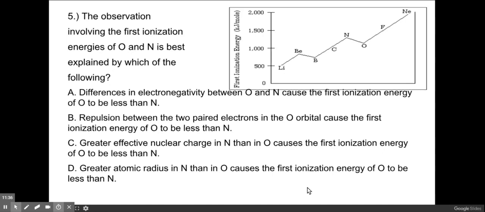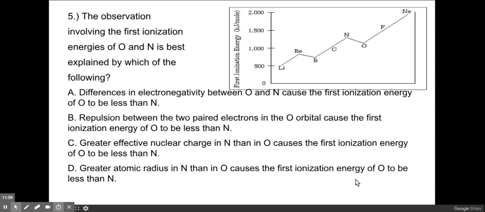D, greater atomic radius in nitrogen than in oxygen causes first ionization energy of oxygen to be less than nitrogen. Well, is the atomic radius of nitrogen greater than oxygen? Yes, it is. First part of the statement's true. But if you have a larger radius, that should make electrons easier to remove.